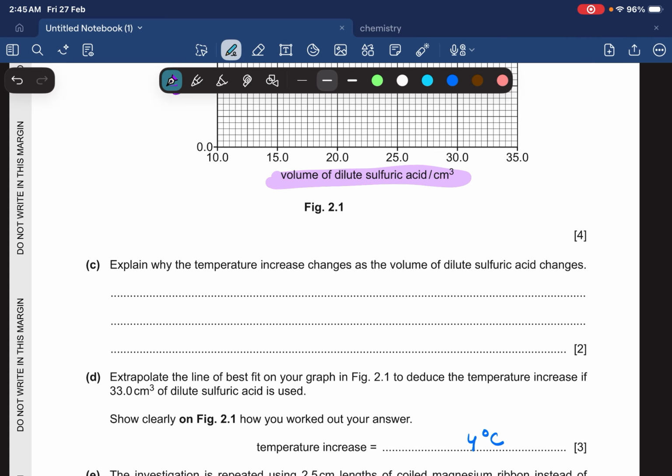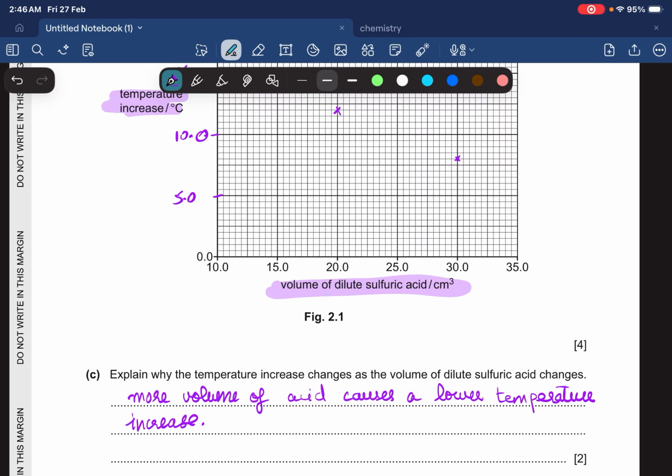More volume of acid causes a lower temperature increase. And the reason for that is because a similar amount of thermal energy or heat energy is released.